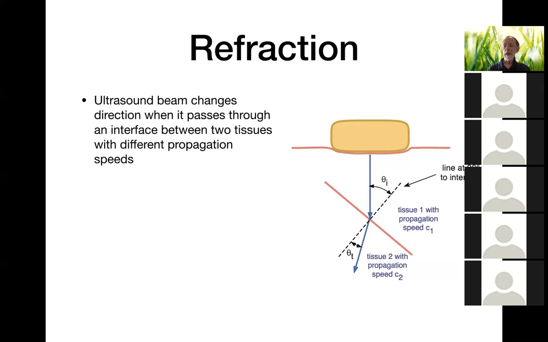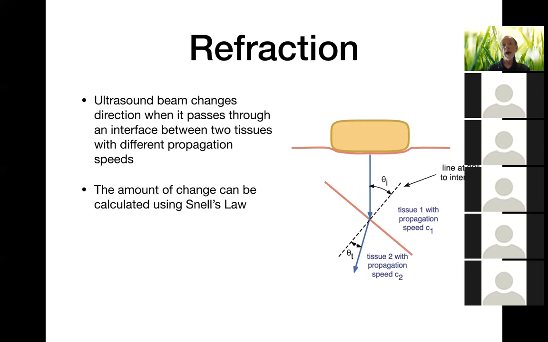And that angle is a measure of whether the beam has been deflected or is traveling in a straight line. Now, if the beam did not change direction and was indeed just a straight line, then theta i and theta t would be equal. Whenever they're different, it automatically means that the beam has been bent. It's changed direction and headed off in a slightly different direction.